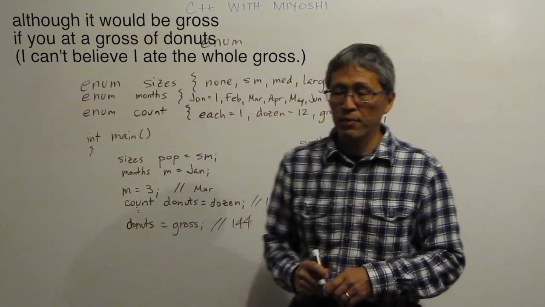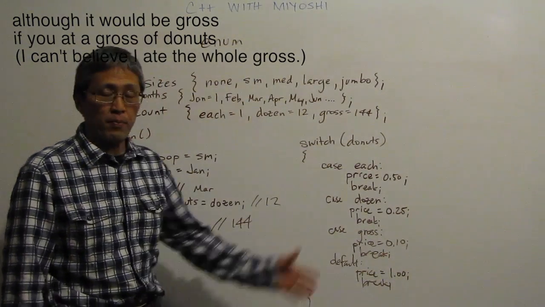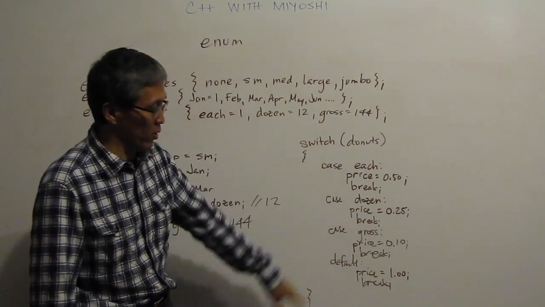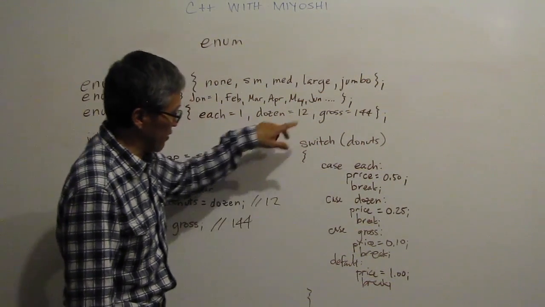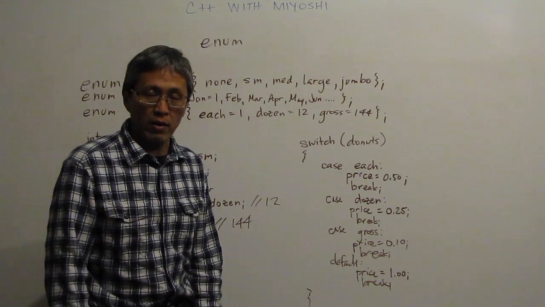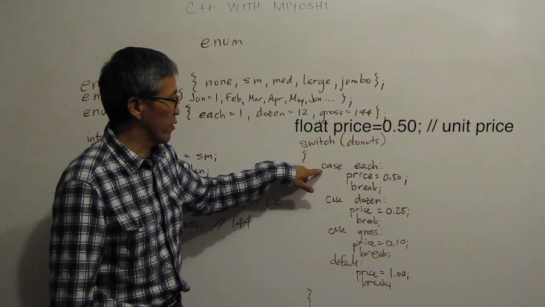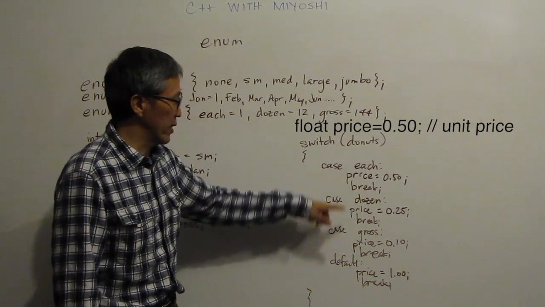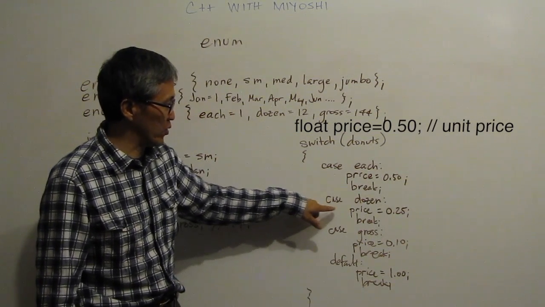So maybe in my program, I'm going to switch on donuts, and maybe the price of my donuts goes down the more I order. So here I have switch donuts, and I have to have declared price over here, a float or a double at the very least. For a single donut, it's going to be priced at 50 cents, and then we're going to break out of there. Then we have a case for a dozen.